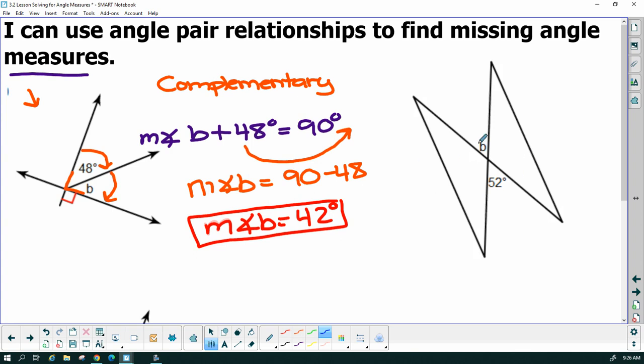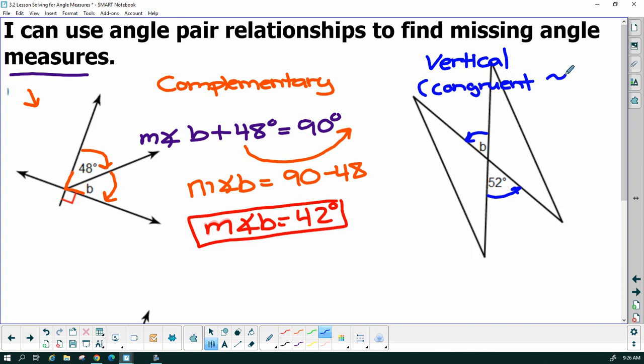So here I have two angles and they're across from each other, and so we would say that these are vertical angles. And if you look at these angles, these two angles should look like they're the same size, because they are. Vertical angles are always what we call congruent.